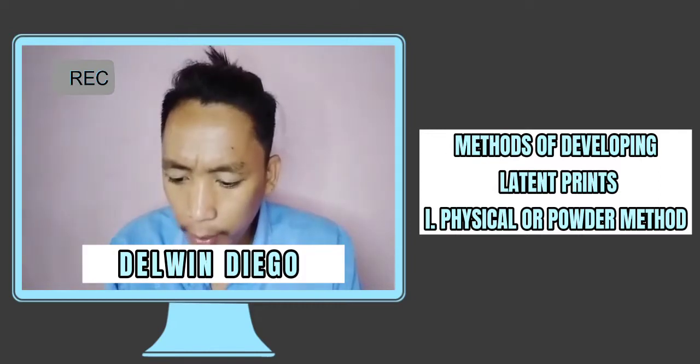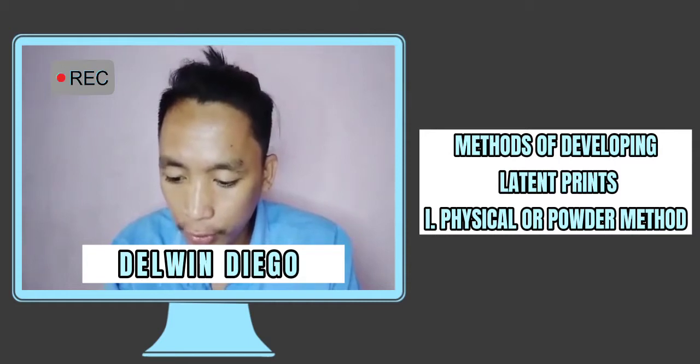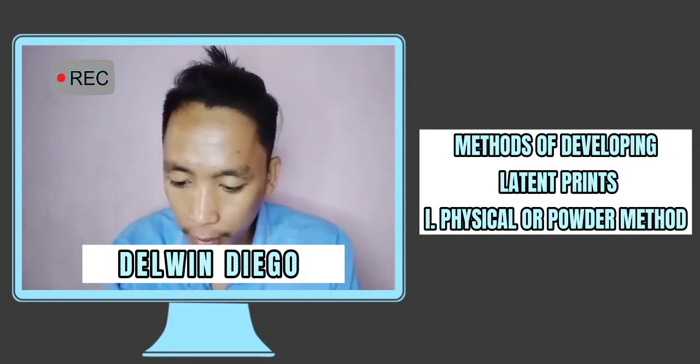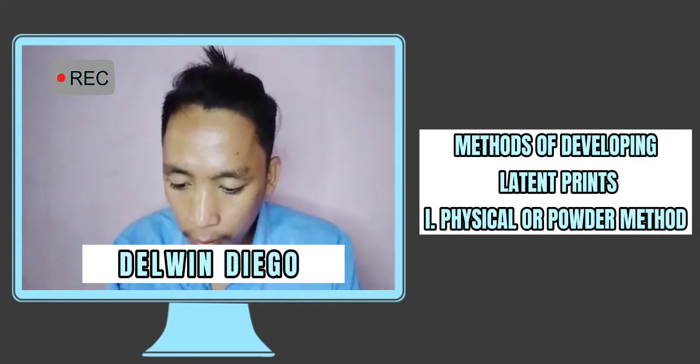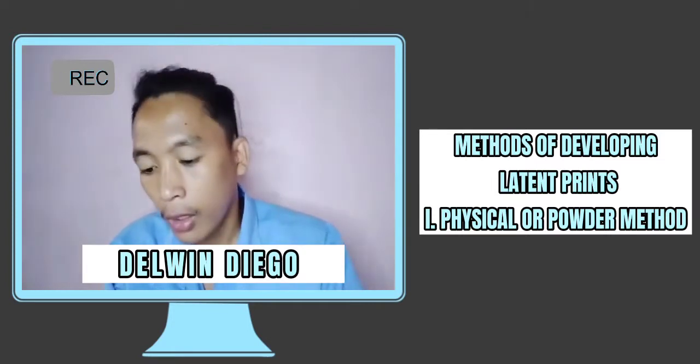Method of developing latent prints. Number 1, physical or powder method. The suitable materials for this technique are glass, porcelain, ceramic, pottery, metallic item, plastic, and bamboo. The principle involved in this technique is that developing reagent adheres to sweat present in the latent print. So, powder method.